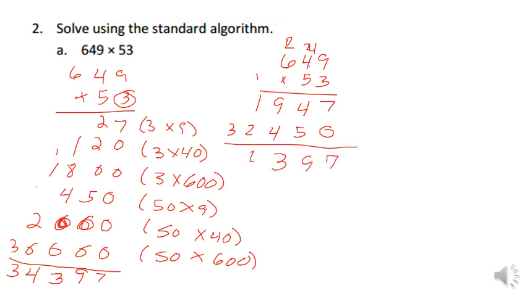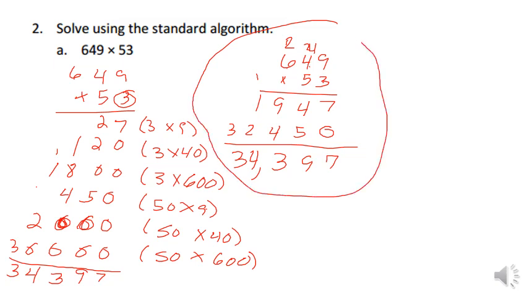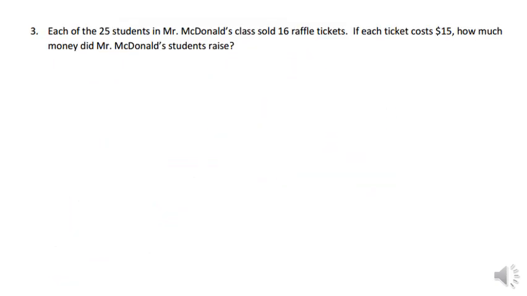We add them up, we got 7, 9, 13, carry 1, 4, and we got 34,397. And we can see the standard algorithm without renaming is a lot more efficient than the one with renaming.